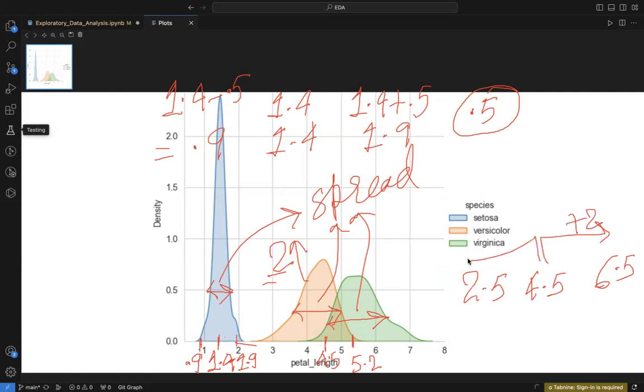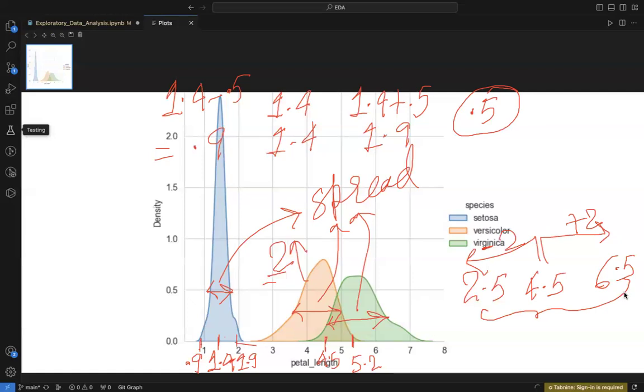If I subtract 2 from it, I get 2.5. So for versicolor, my spread is between 2.5 and 6.5.